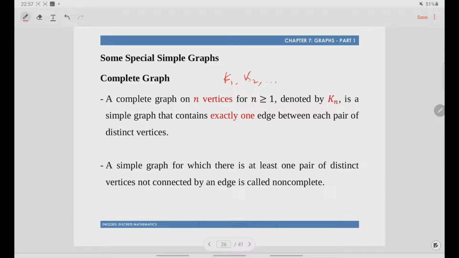It is a simple graph that contains exactly one edge between each pair of distinct vertices. A simple graph for which there is at least one pair of distinct vertices not connected by an edge is called a non-complete graph.